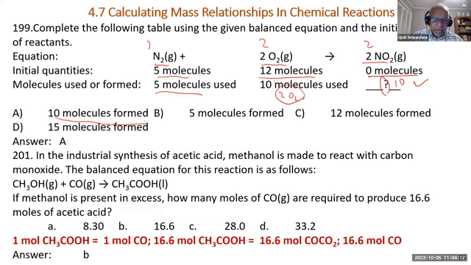In the industrial synthesis of acetic acid from methanol, methanol is not a drinking alcohol. That's a different alcohol. Acetic acid is produced. So how many moles of carbon monoxide are required to produce 16.6 moles of acetic acid?